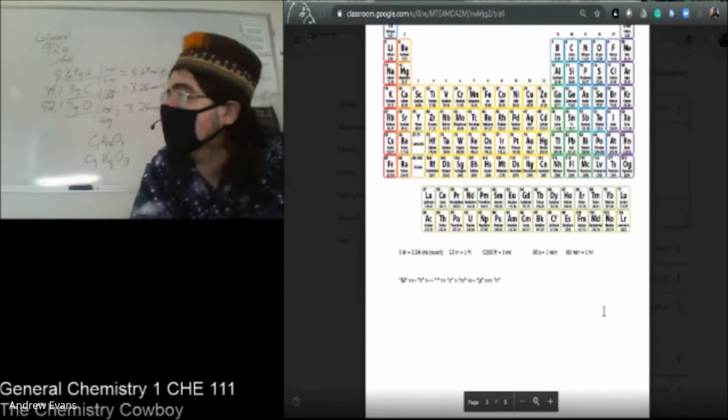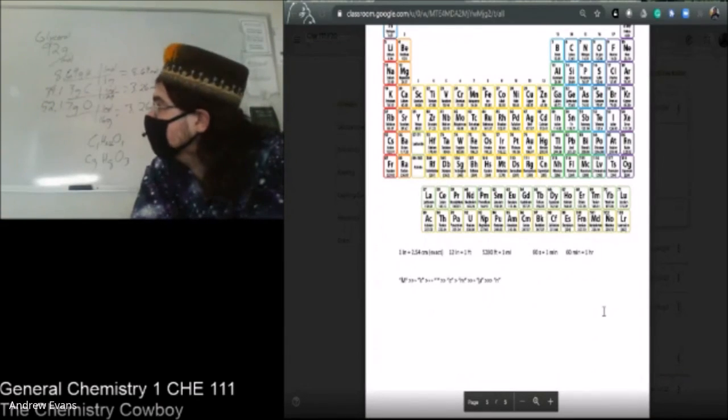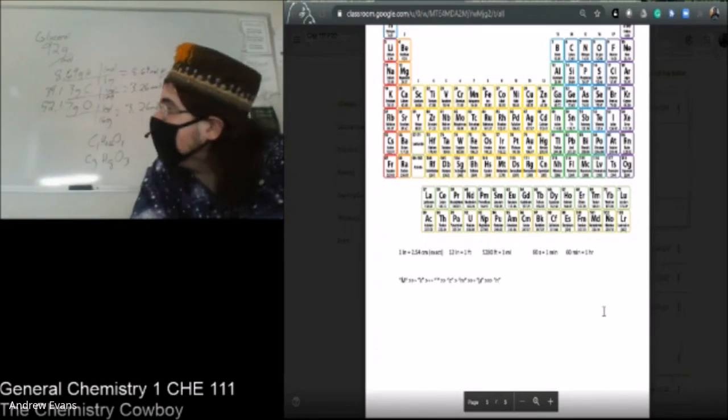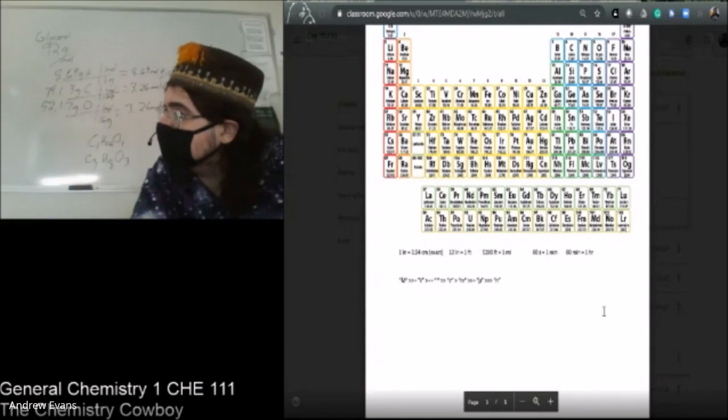Conversions, a quick reminder of the metric system, the order of the metric system. I don't give you the factors, but you have to remember, well, kilo, there's 1,000 meters in a kilometer. There's 1,000 millimeters in a meter. There's 1,000 micrometers in a millimeter, and so on and so forth.